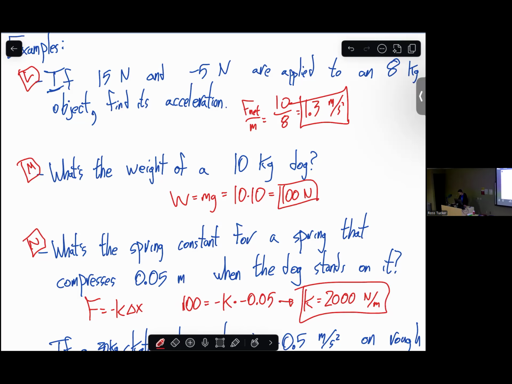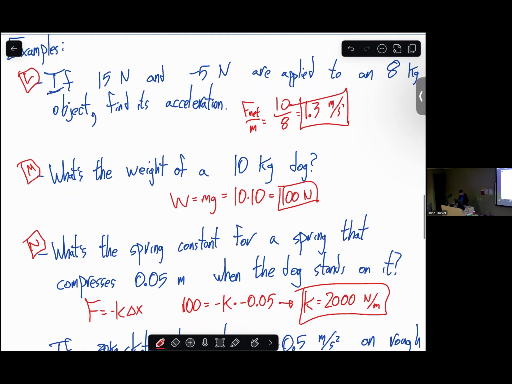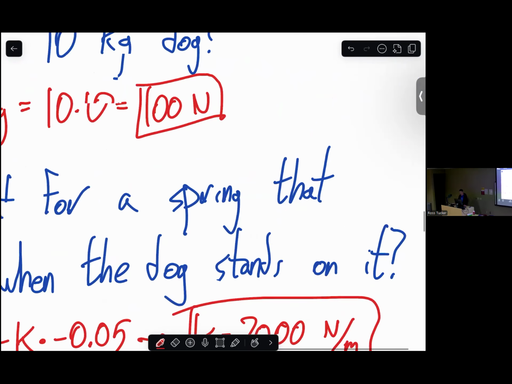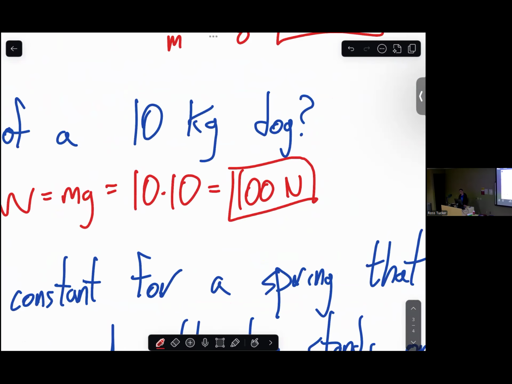Okay, I've got some questions, and let me encourage you, even if you didn't ask an individual question, you can learn from other people's curiosity. Question uno was, why did we use 100 in place of FS here? Well, what did I say? If the dog is standing on the spring, we just found the dog's weight. Gravity is pulling down with 100 newtons.